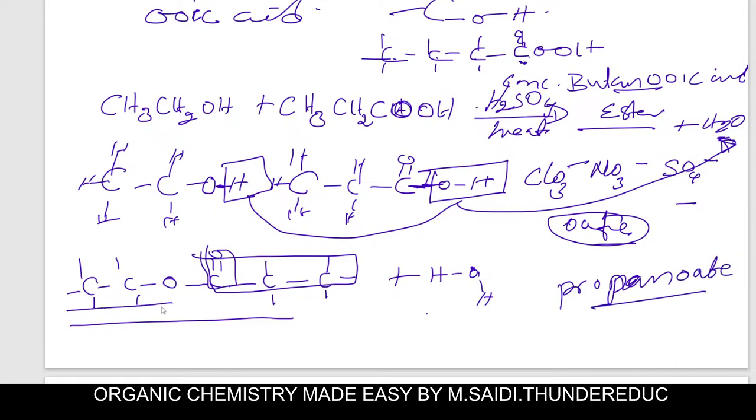This one we regard as an alkyl group, a side group. So it's 1, 2, 2 is eth. But because it's a side group, we add the ending YL. So it becomes ethyl propanoate. Ethyl propanoate. Basically, that is it.